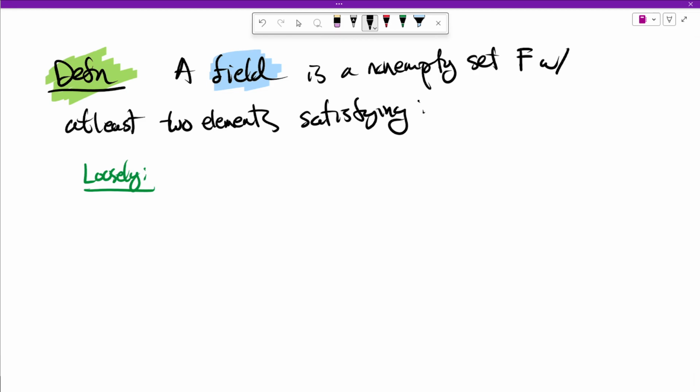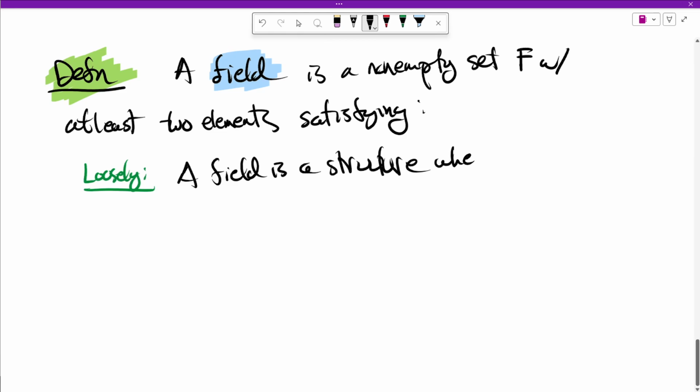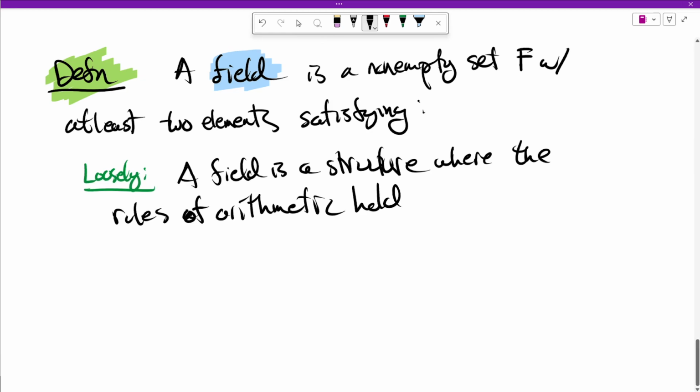But loosely, a field is an algebraic structure where the rules of arithmetic hold. Now, I'm going to add plus dividing here.